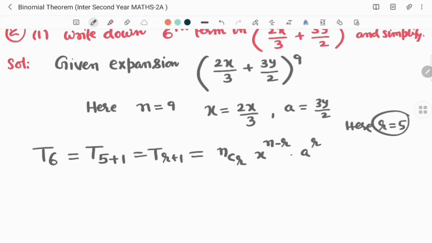So here T(5+1) is equal to, n is equal to what? 9. 9Cr, r value what? 5. 9C5 (2x/3)^(9-5) (3y/2)^5.